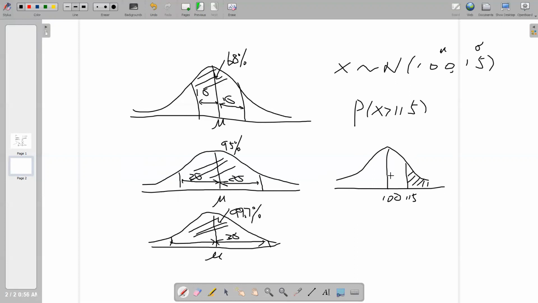So then we start to use the rule. We determine the distance from the center to the boundary. That's 15, right? From 100 to 115. So that's exactly one standard deviation away. Then we use the 68 rule to figure it out. From the 68 rule, the middle probability, if you go both ways one standard deviation, will be 68%.